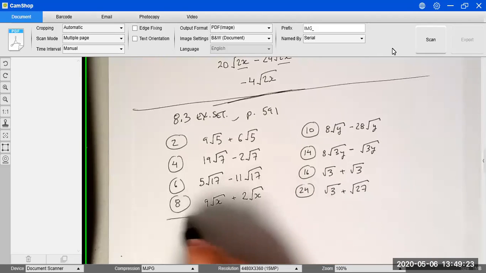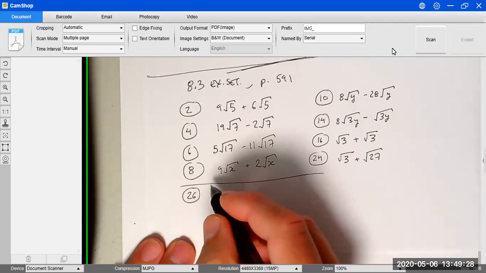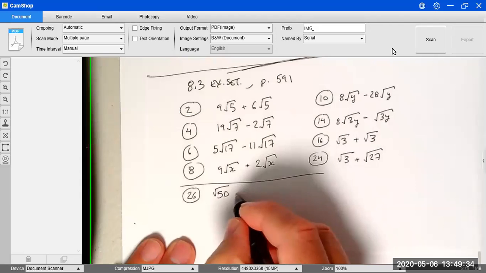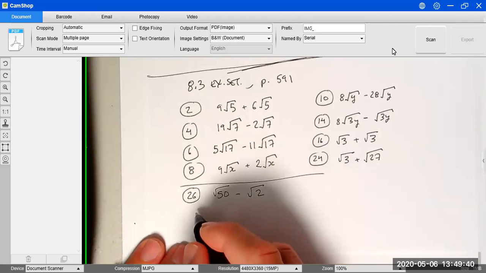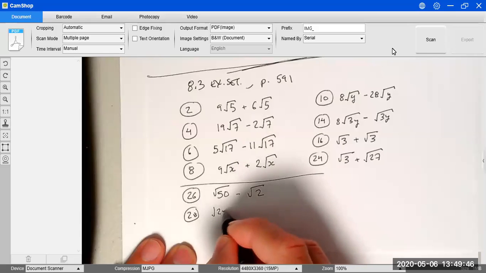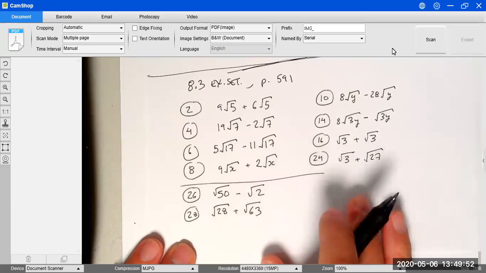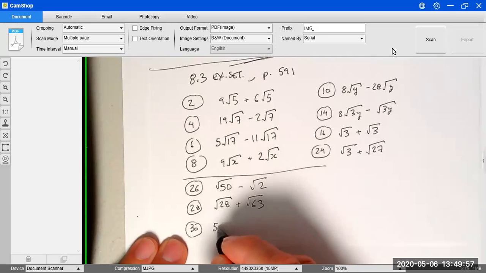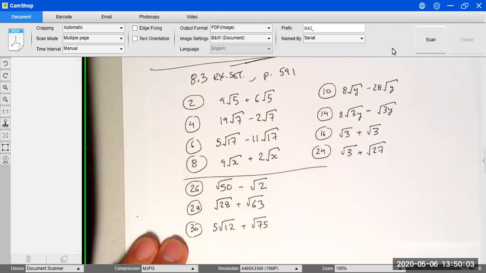Then we have 26, which is radical 50 minus radical 2. 28 is radical 28 plus radical 63. 30 is 5 times radical 12 plus radical 75.